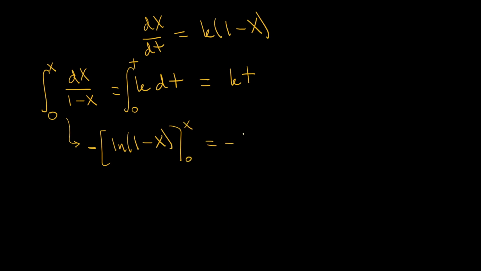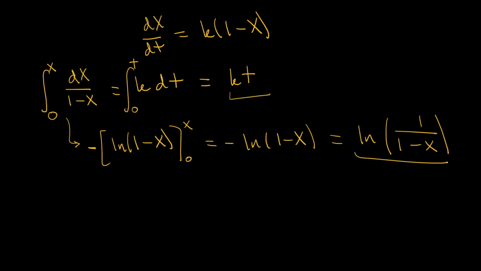And this is equal to negative ln of 1 minus x, because the natural log of 1 is equal to 0. Now we can move this negative sign inside of the log just for a little convenience. That becomes ln of 1 over 1 minus x. And then now all we have to do is combine these two parts of the equation. So we end up with kt is equal to natural log of 1 over 1 minus x. And this will describe our system.